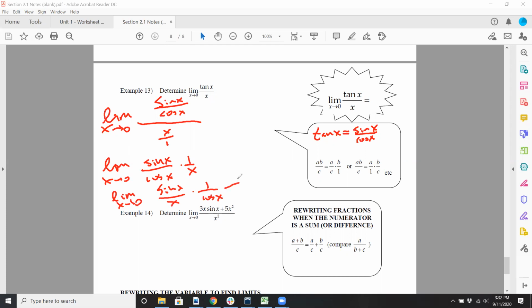And then you can actually use one of our properties, the limit as x approaches 0 of sine x over x times the limit as x approaches 0 of 1 over cosine x. Well, here's the deal.